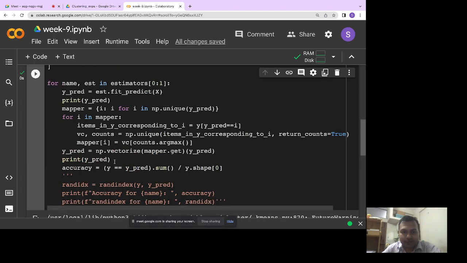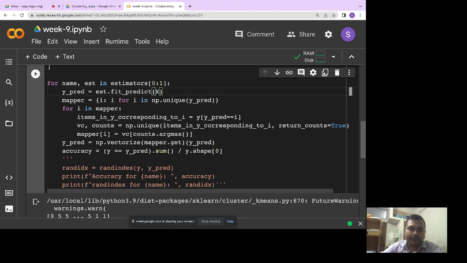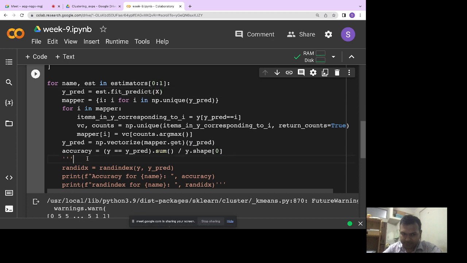Now you can compare this y pred with the original target y, and that would give you the accuracy. y equal to y pred is actually a boolean, which gives a matrix of 1s and 0s. You sum them up and divide by the number of elements in the array, and that gives you the accuracy.